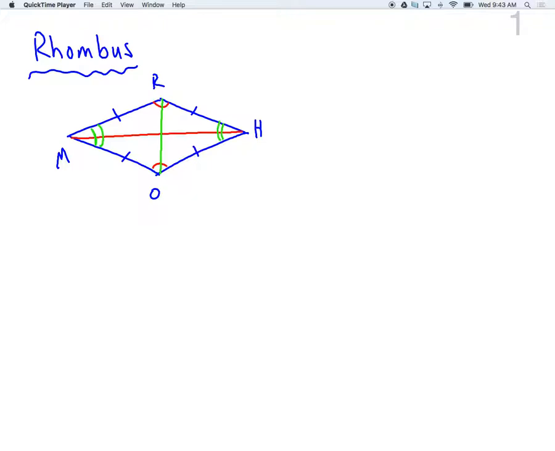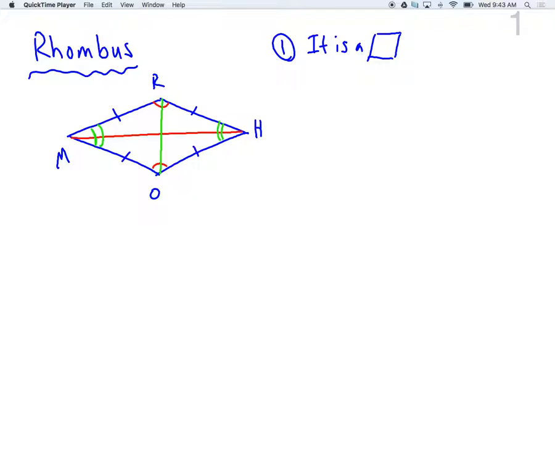So that's rule number one. It is a parallelogram. Which means that anything that applies to a parallelogram applies to a rhombus.